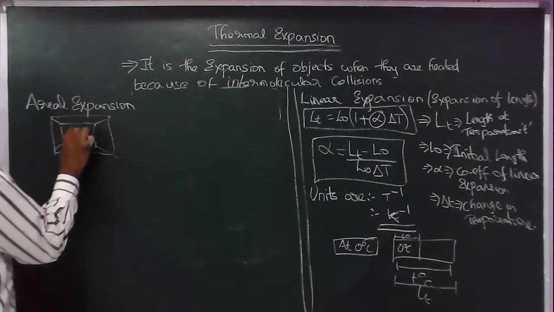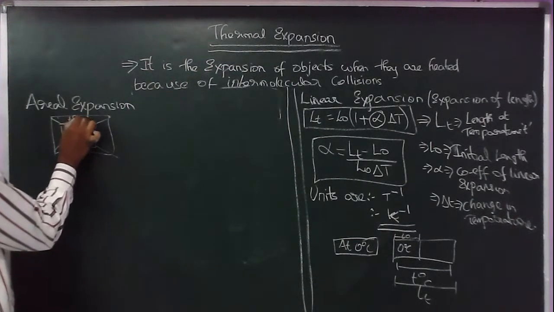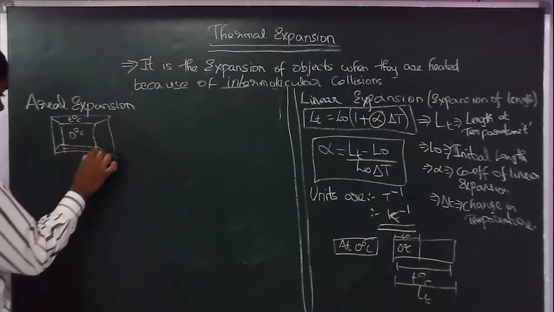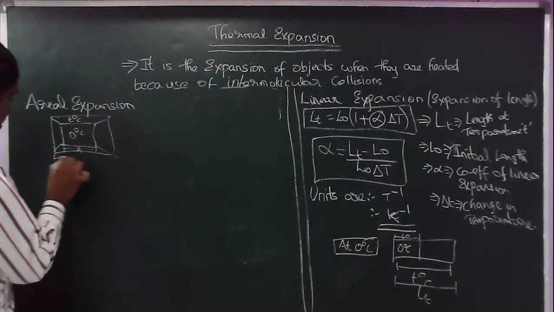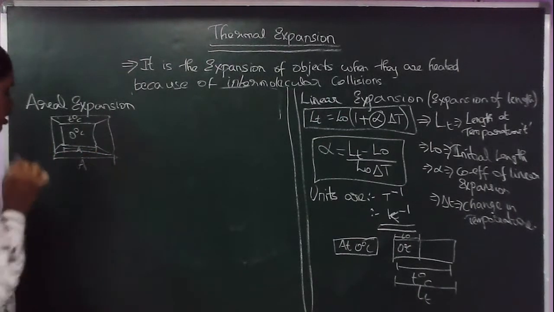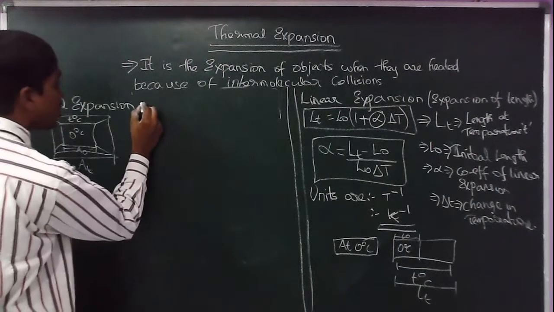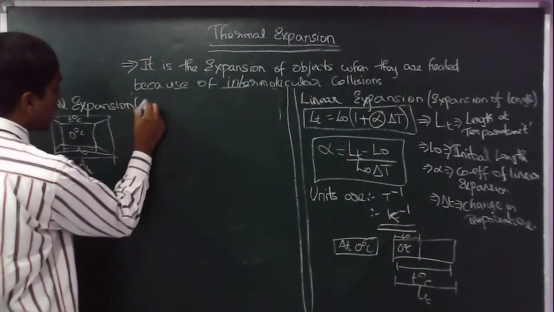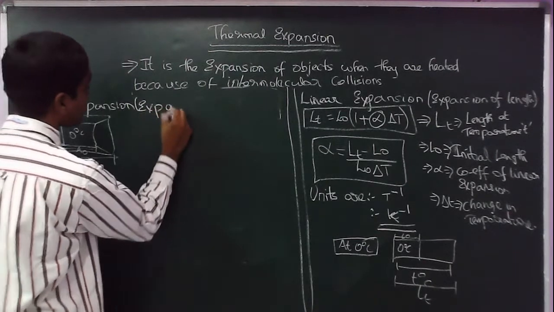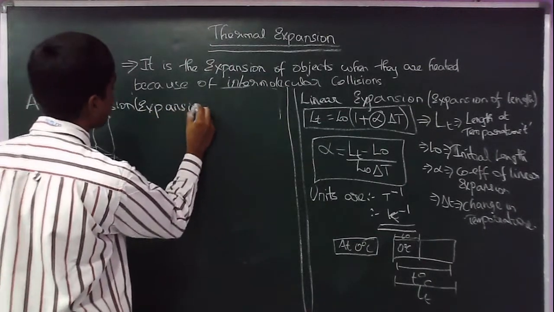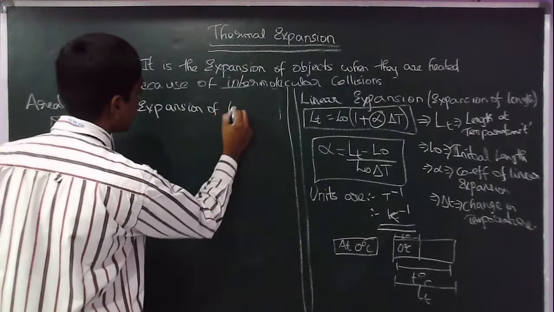It is at 0 degrees and it is at a higher temperature. It is area A naught and it is AT. So linear expansion means expansion of length.